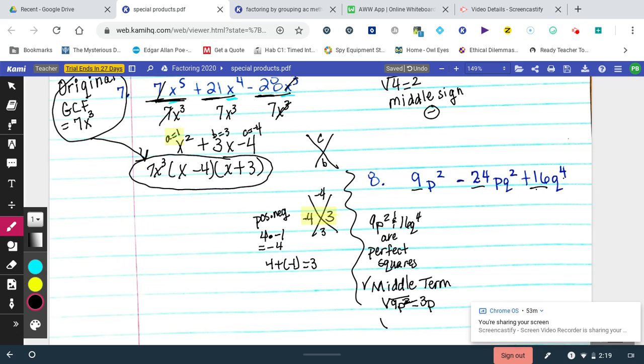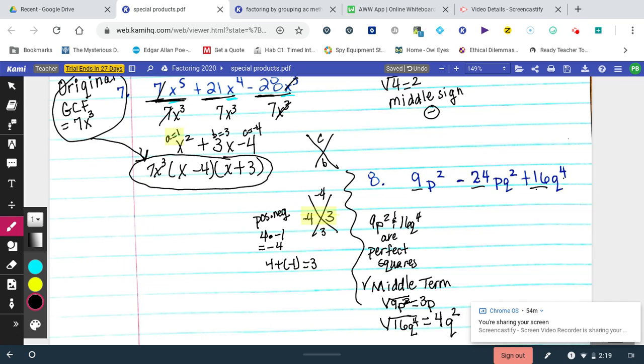Then I take the square root of 16q to the 4th, which is just 4q squared. I'm just trying to write equal to 4q squared. That's all I want to do.